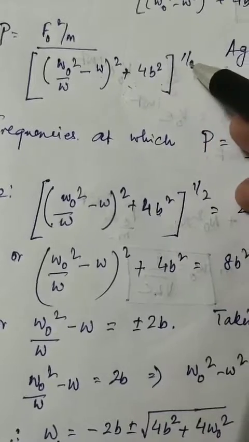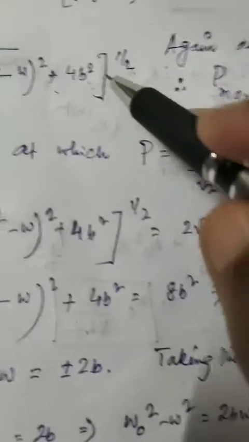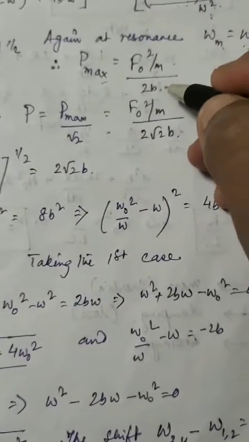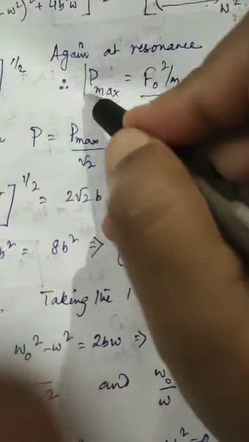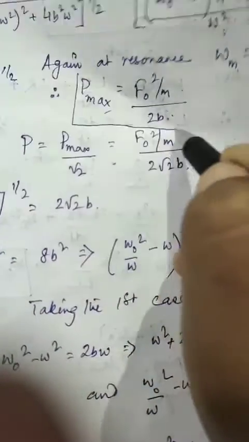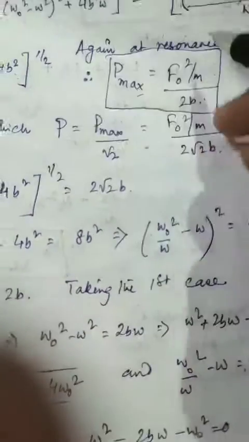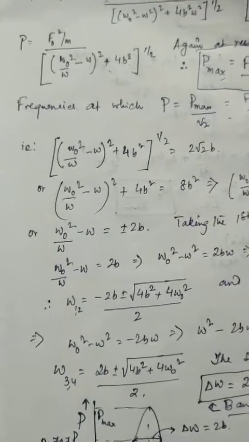You just have 4b squared to the power half, which will be 2b. So it is F naught square by m by 2b. That is the maximum power of the forced harmonic oscillator.